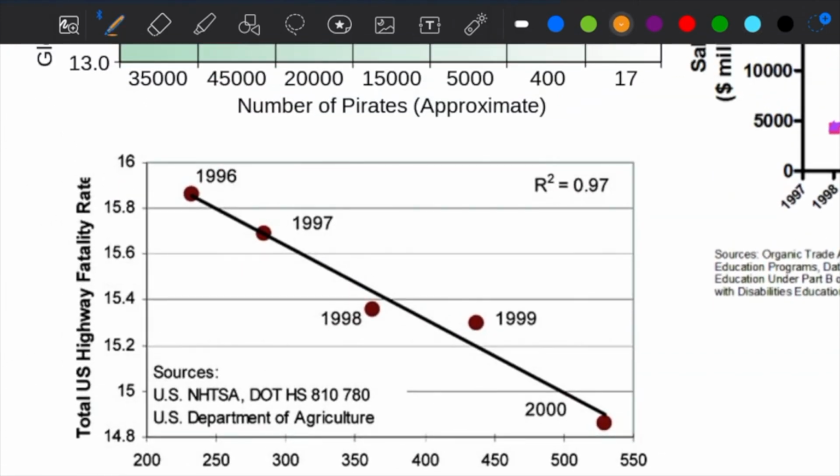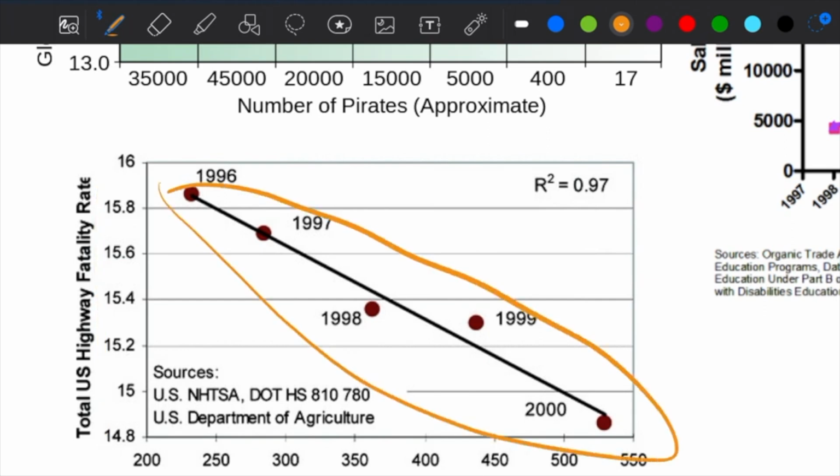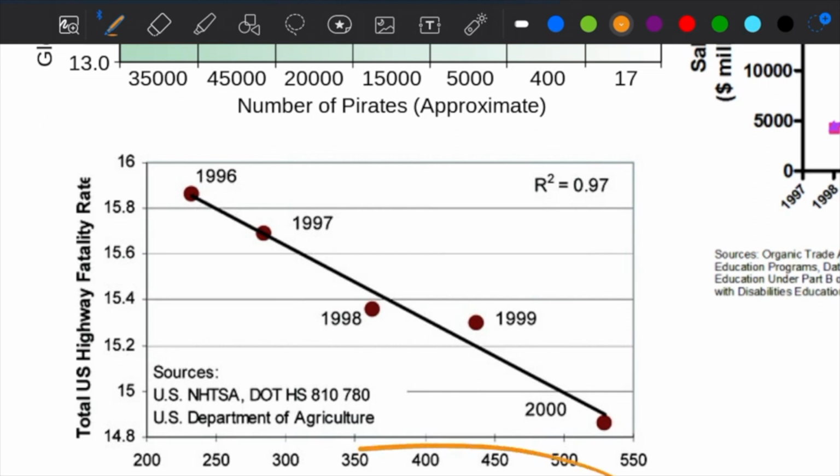And then this last one is also kind of humorous to me, how silly they are to be thinking they might be related to each other, even though it's a sad thing like highway fatalities. So we can see highway fatalities going down over the course of years as we're importing more and more lemons from Mexico.